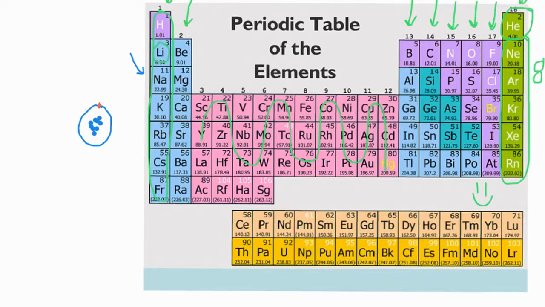That's all it can hold. 1, 2. So it has a full inner shell of electrons. Its next energy level is full with 8. 1, 2, 3, 4, 5, 6, 7, 8.